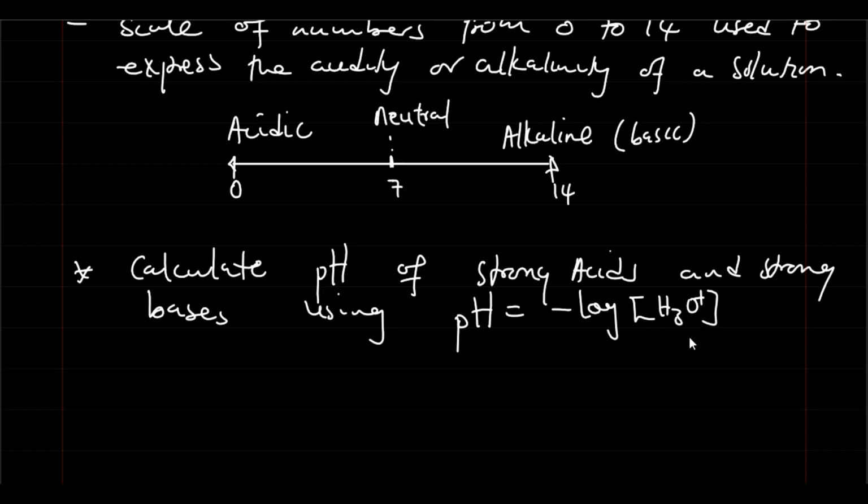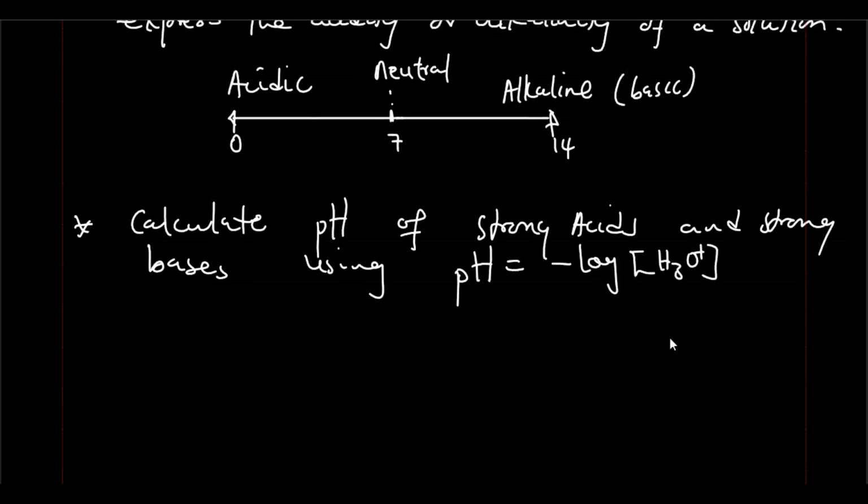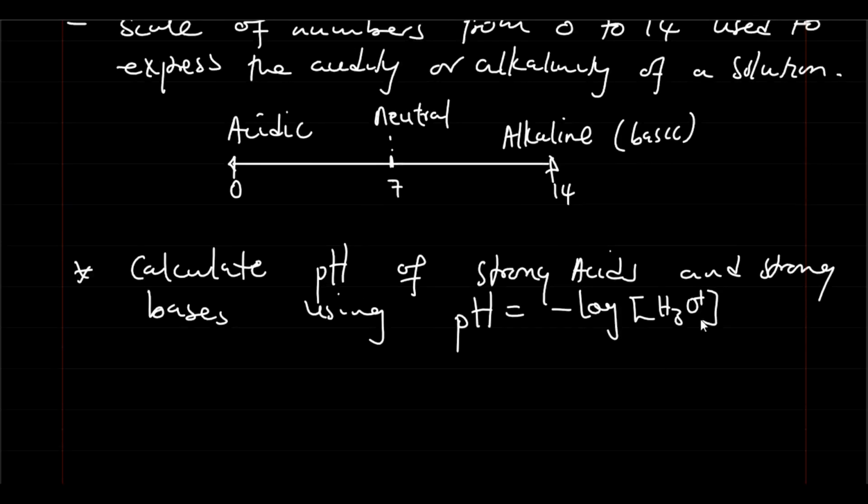Okay, so now how do we calculate this new thing, this beautiful thing we say is pH? Let me highlight it so that it becomes very nice. You see, this is beautiful. We are going to use it as we go further. So our calculations start here.